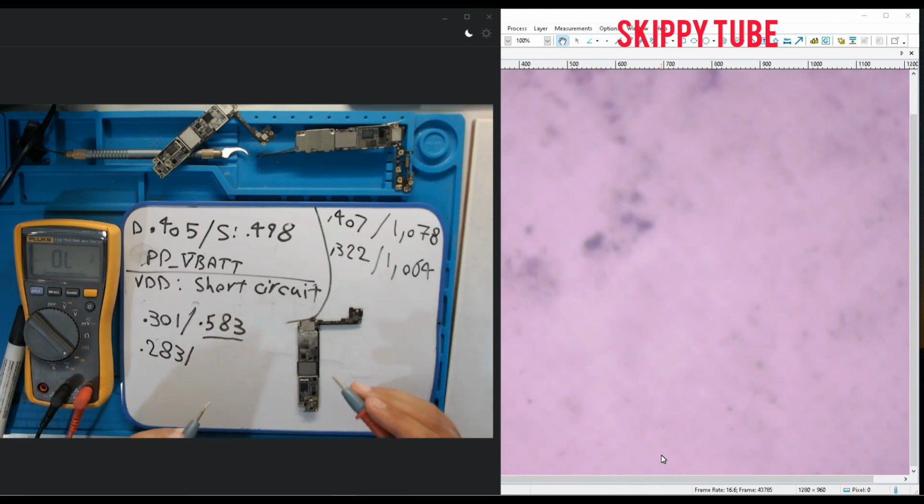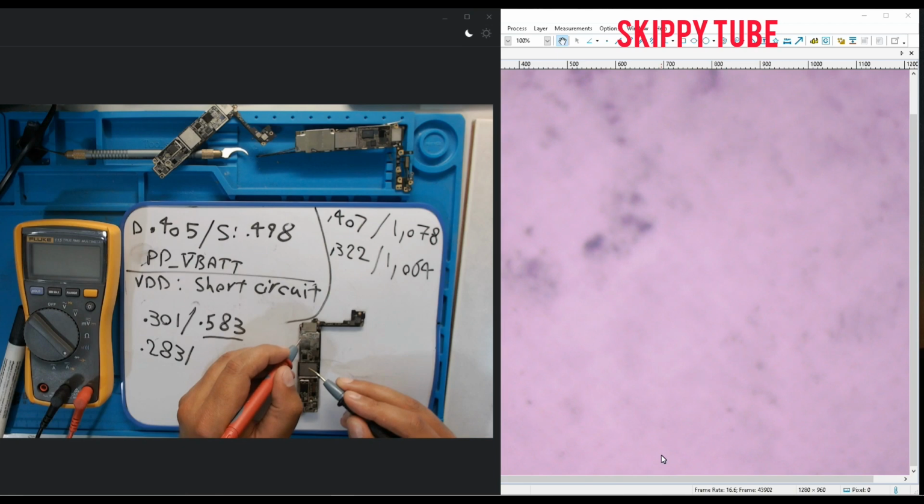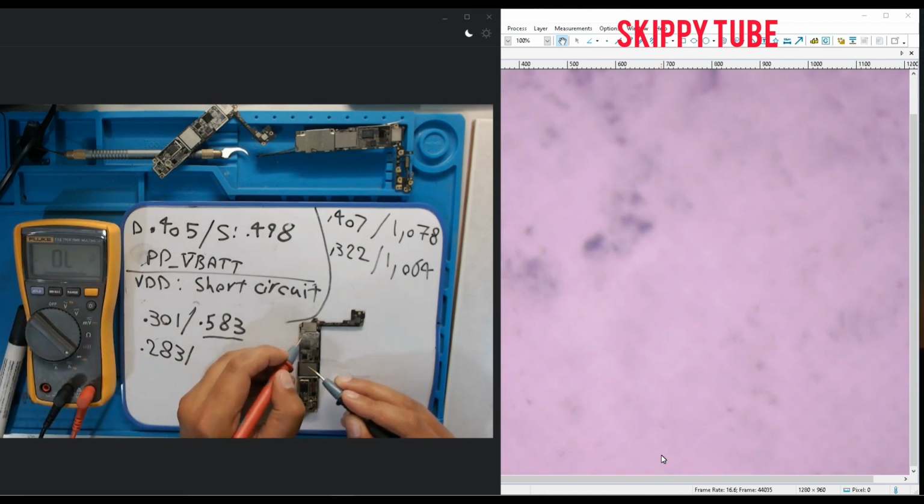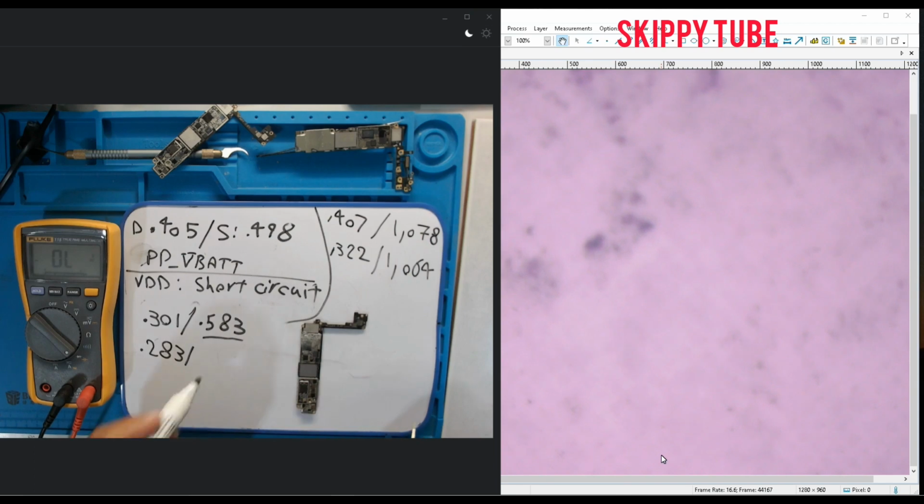Now we're checking which one has fault tolerance on the Skippy test, and I'm looking at the Skippy value. We can turn off and check that one. It's showing 0.534. 0.534.